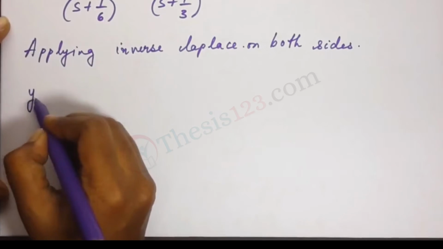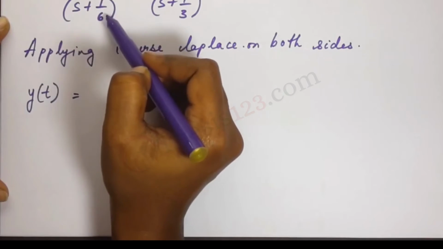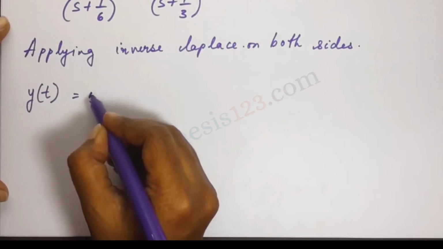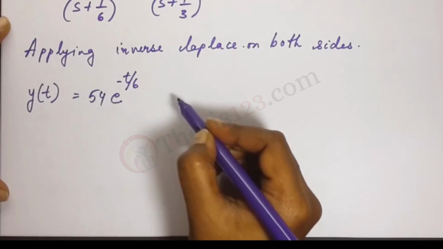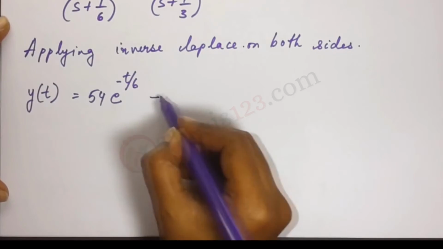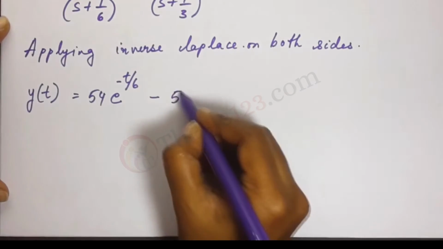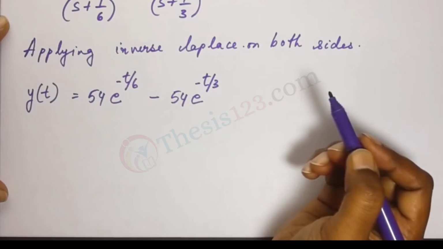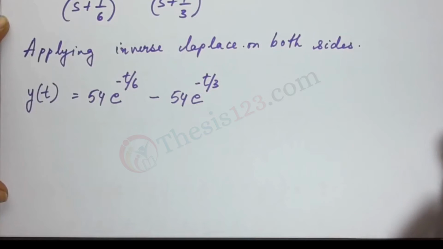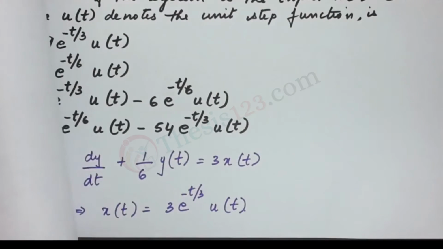we get y of t is equal to, now 54 divided by s plus 1 by 6 is 54 e power minus t by 6 minus, now the Laplace inverse of this term is 54 e power minus t by 3. Now since the question mentions that u of t is a unit step, that's what the question says. Let me just go back here, see.